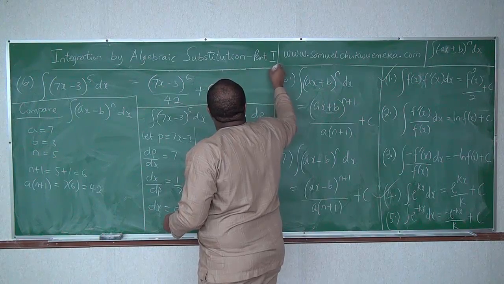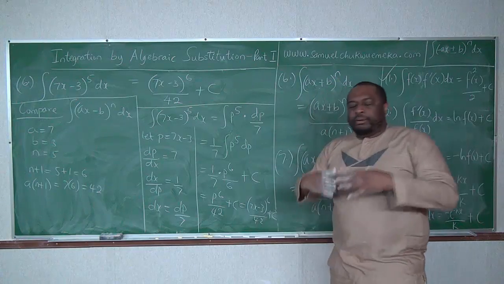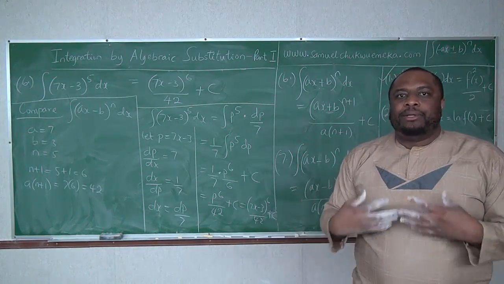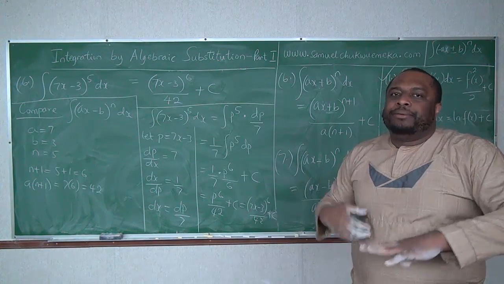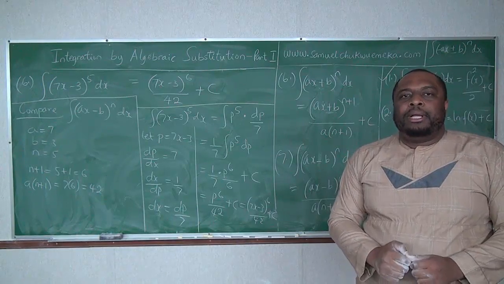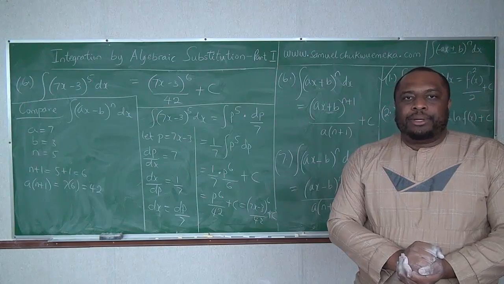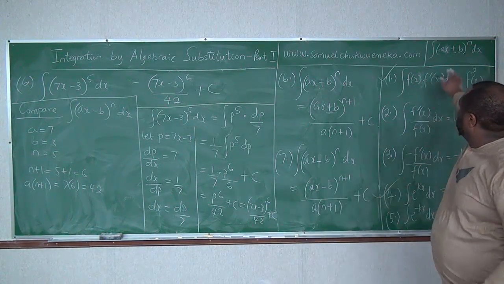We still have several, but I'm starting with the simple ones so that you will have a good understanding of it. Then we solve more challenging ones. So do this one.